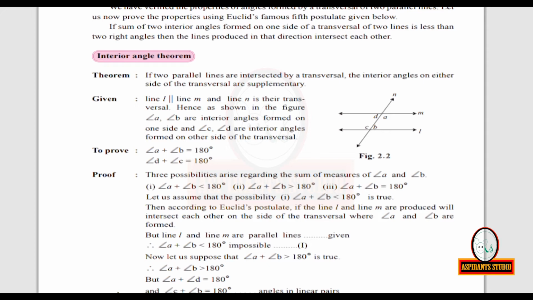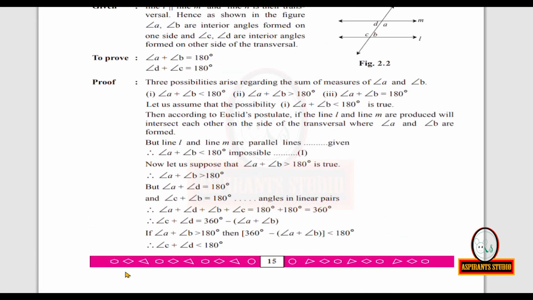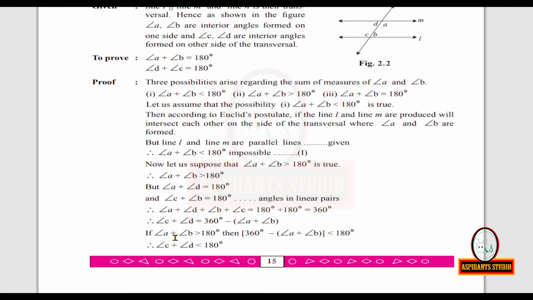Now let us suppose that measure of angle A plus measure of angle B is greater than 180 degrees is true. But measure of angle A plus measure of angle D is equal to 180 degrees, and measure of angle C plus measure of angle B is equal to 180 degrees, since they are angles in linear pairs.